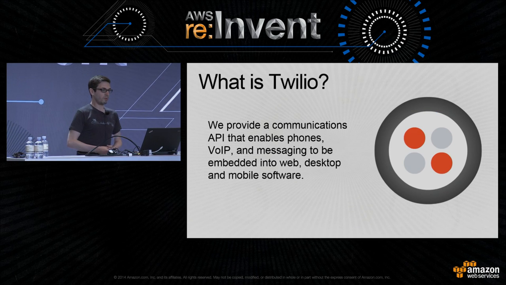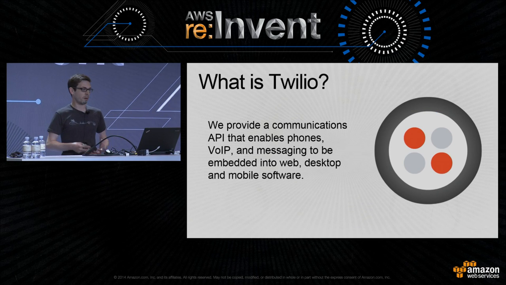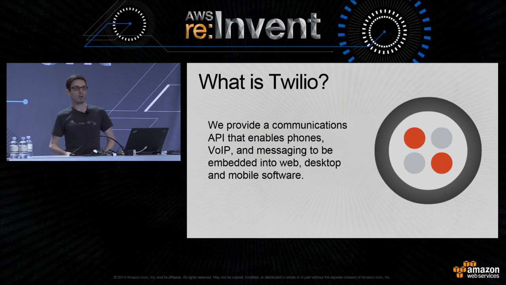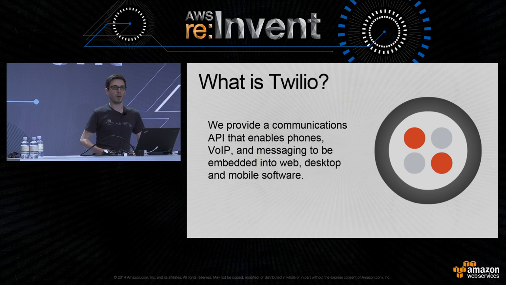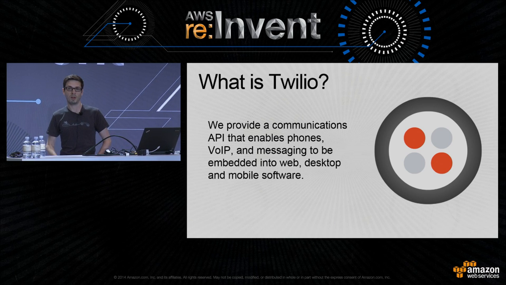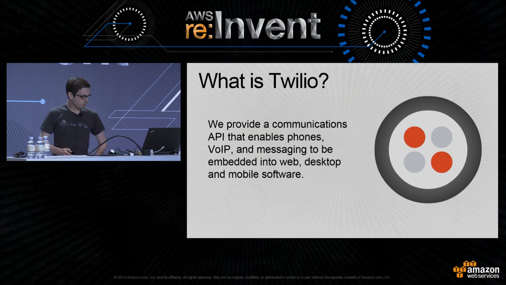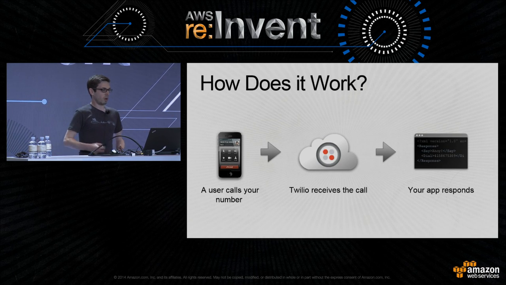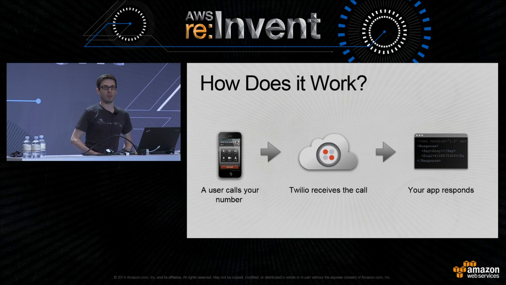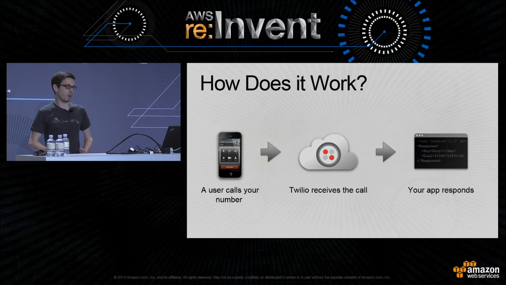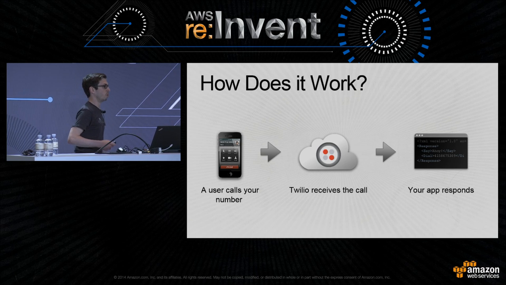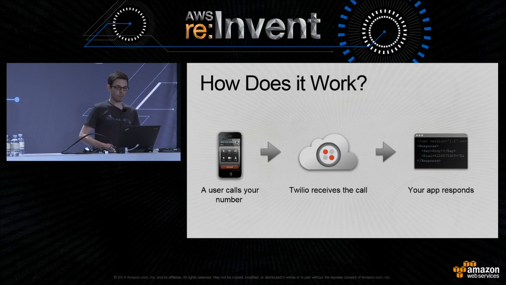So first of all, for those of you who are not familiar with Twilio, we are a communications as a service platform, and we provide an API that allows application developers to embed voice over IP and messaging into their applications. A very simple example of how it works is when you sign up with Twilio, you purchase a phone number. And with that phone number, you configure an HTTP URL.